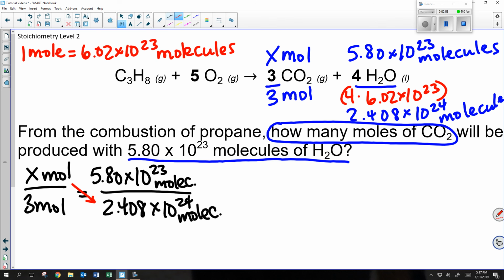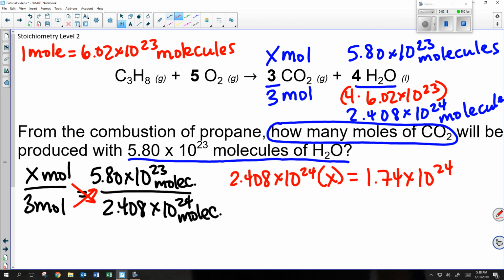Multiplying this way, I get 2.408 times 10 to the 24 X equal to, multiplying this way, 3 times 5.8 times 10 to the 23rd, I get 1.74 times 10 to the 24.